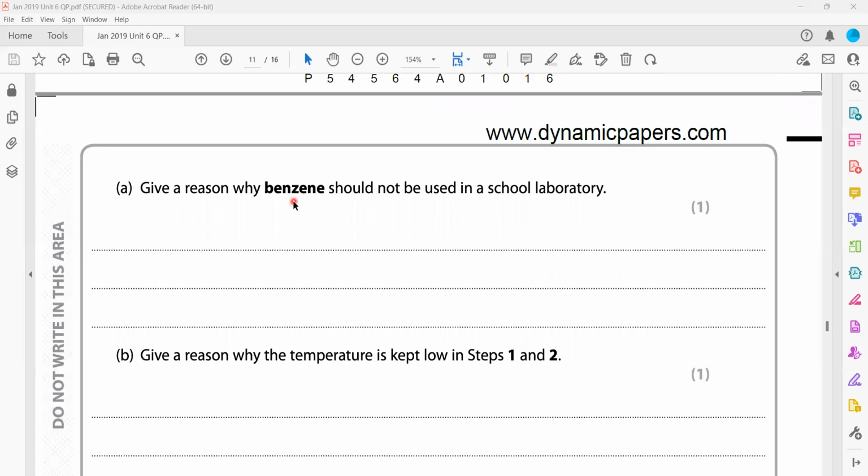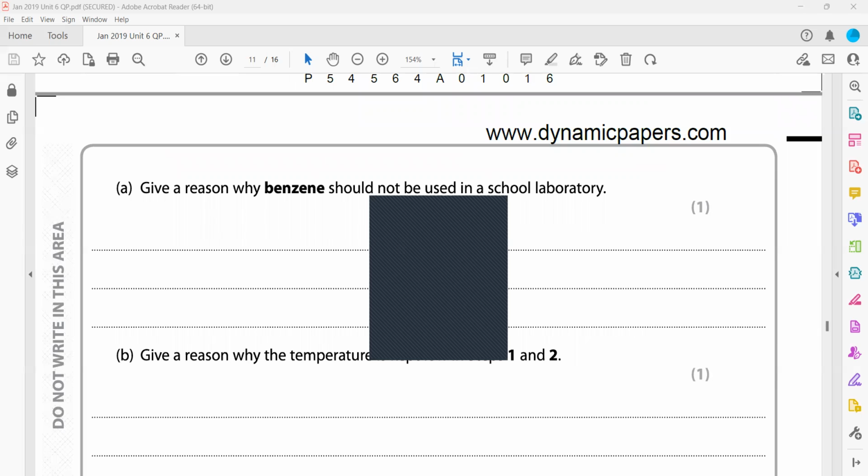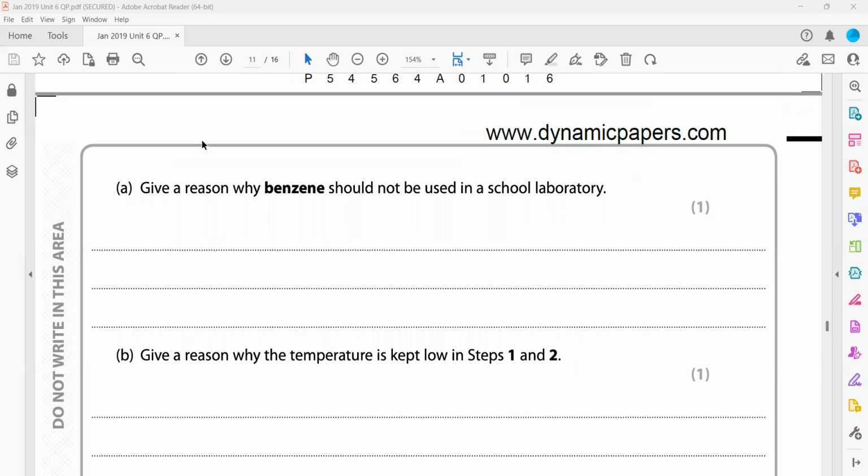So give a reason. The first one. We have to state with a reason here. Why benzene should not be used in the school lab. The main hazard of using benzene is that it can cause cancer.